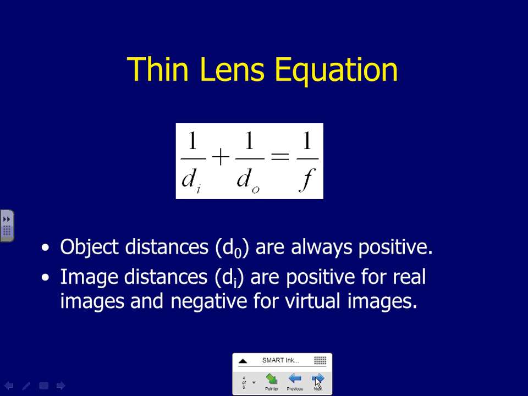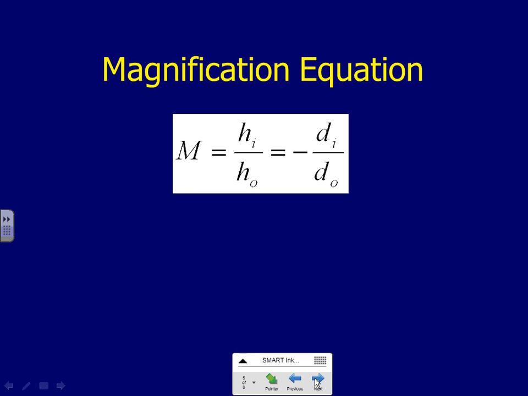Everything's exactly the same. It's the same set of equations. The only difference is where the positive side and the negative side are. On a mirror, the positive side is back that way. Negative side is back and behind, but that's the only thing, those flips. Magnification equation, hi over ho equals negative di over do. So whether you're dealing with a lens or a mirror, your equations are the same.